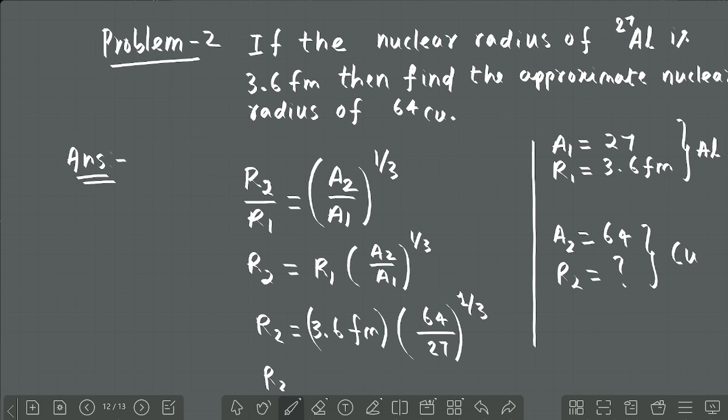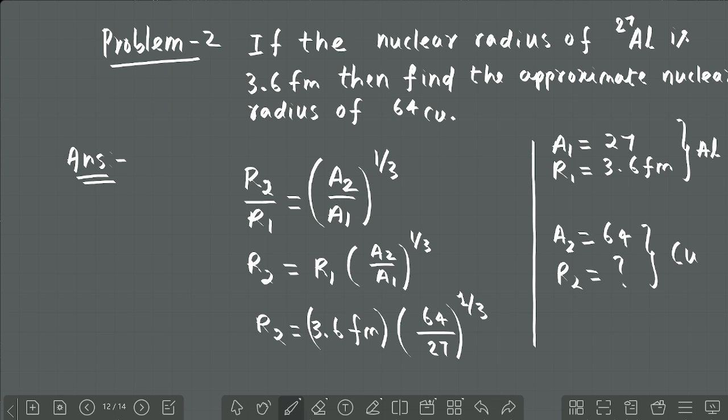Now R2 is 3.6 fermi into 64 by 27 to the power 1 by 3. I can write 64 by 27 as 4 by 3 to the power 3, into 1 by 3. Are you getting or not? If you are not understanding, I will go to the next page and tell you. 4 cube is 4 into 4 into 4; multiply 4 three times and you will get 64.